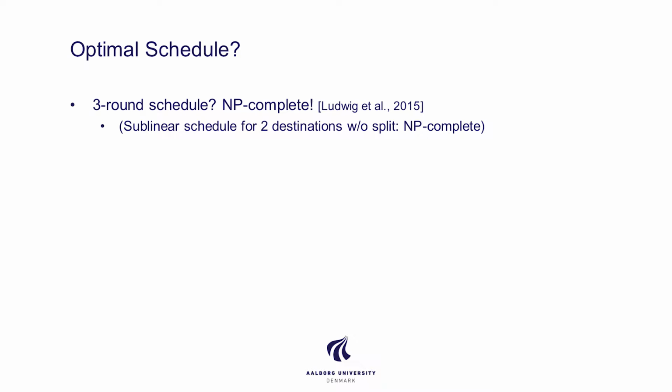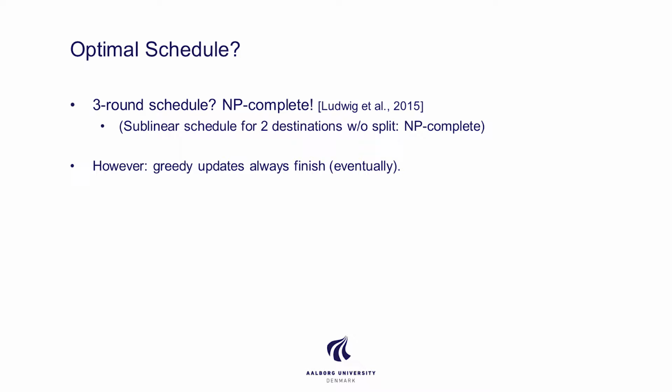Maybe let's try just to be greedy. Let's say we take the current network state and we just try to update as many switches as we can, and then we just go on and on until we're done. And the good thing is that, at least in this way, we won't run into any dead ends, meaning that even if we perform this in a greedy way, we will eventually reach the new routing rules without having any loops.